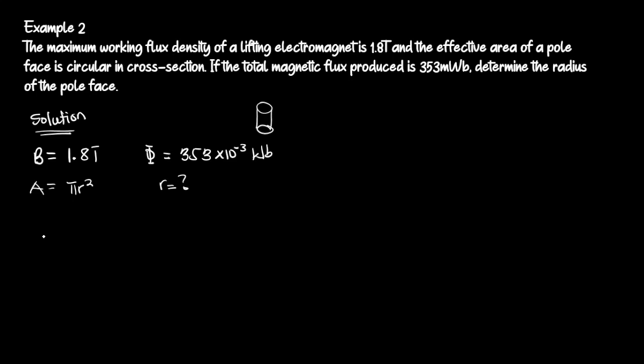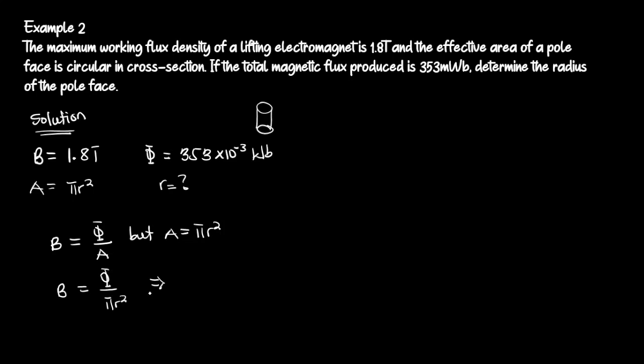So what I'll do is I'll quote the formula for magnetic flux density, which is B is equal to phi over A, which is area. But in this case, our area is equal to pi r square. So if we do the substitution, we are going to have B is equal to phi over pi r square.